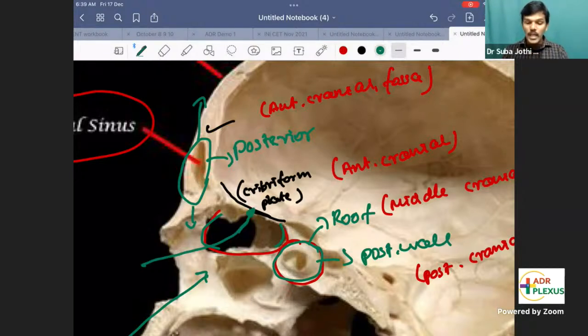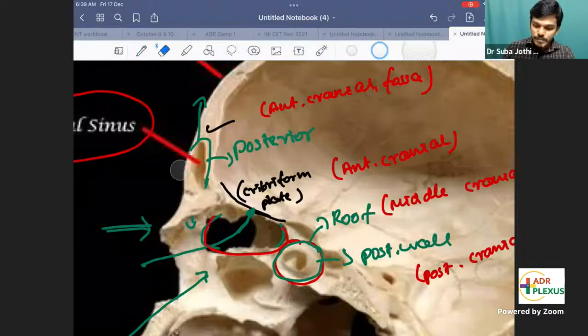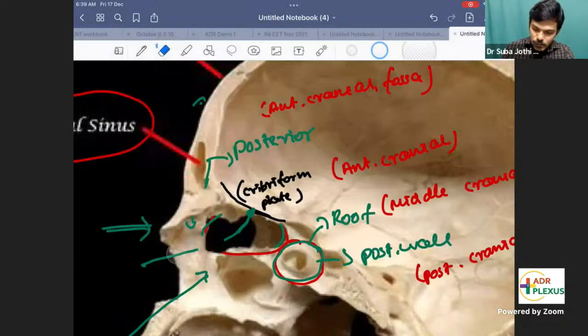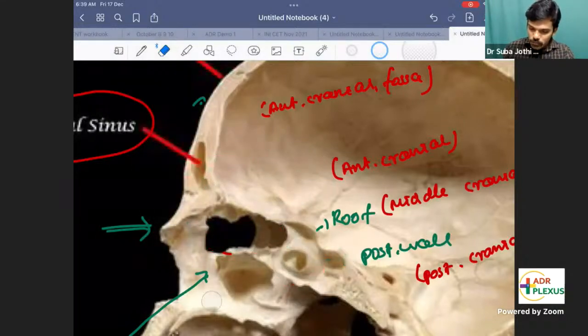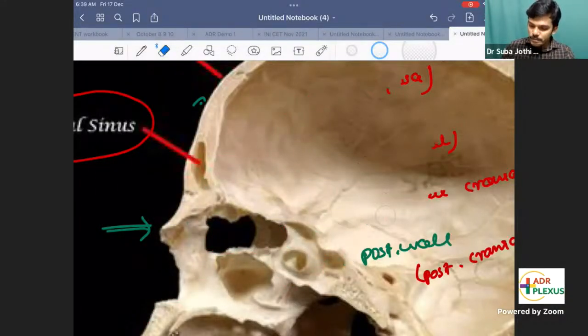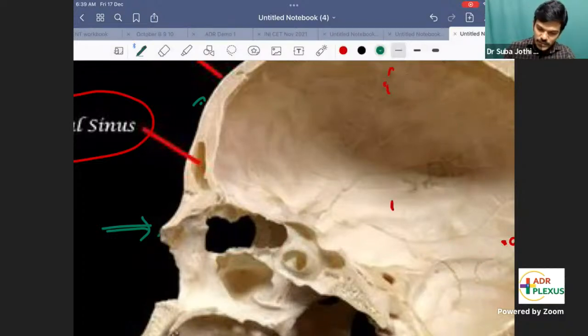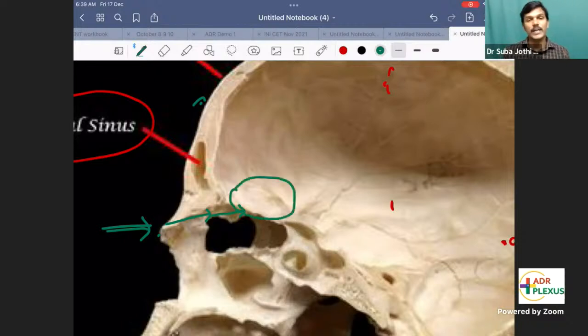And also, we were studying about nasal bone fracture. The impact from a nasal bone fracture can even pass to the ethmoid air cells, and it can directly injure the cribriform plate of the ethmoid.